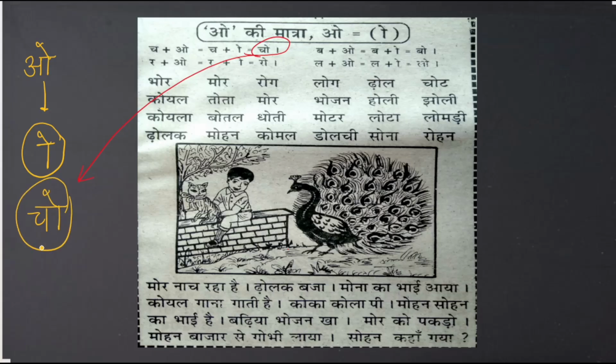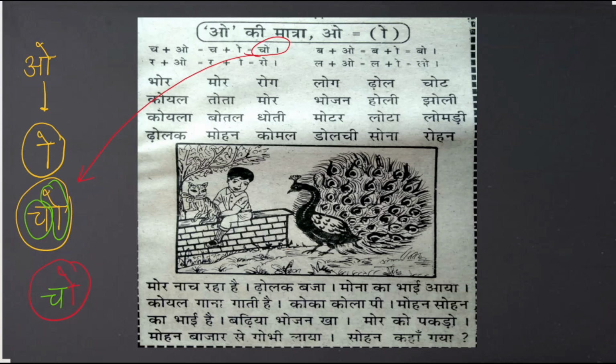The pronunciation of this word would be cho after applying the matra of O. This is letter Ch, and after applying the matra of O in this way, now it became cho.